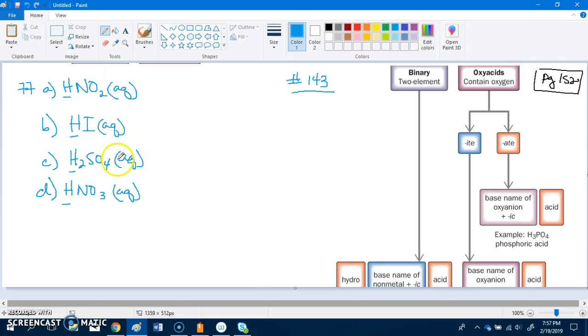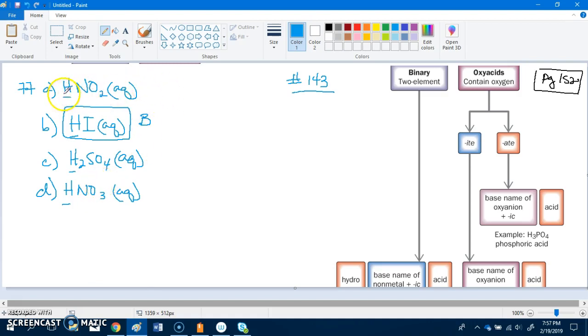Let's first identify which are the binary acids and which are the oxyacids. Binary acids are the easiest because it's only two elements: hydrogen plus another element. So it's really only this one that is the binary acid.